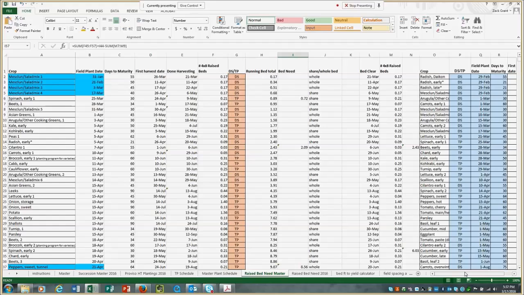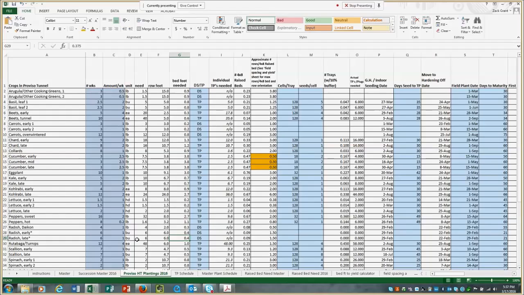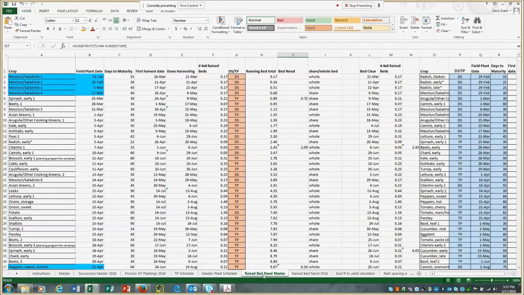that I have all the way over to the left, the Proviso high tunnel plantings for 2016. So I fleshed that out. I took in the Proviso high tunnel plantings, and took out some of the plantings that I knew I wasn't going to need or use. But in this raised bed need master and the raised bed need for 2016, I'm figuring out exactly how many raised beds I'm going to need and if my plan's going to work or not. This is a little more complicated, and I just created this on my own, and it's a little confusing to look at.